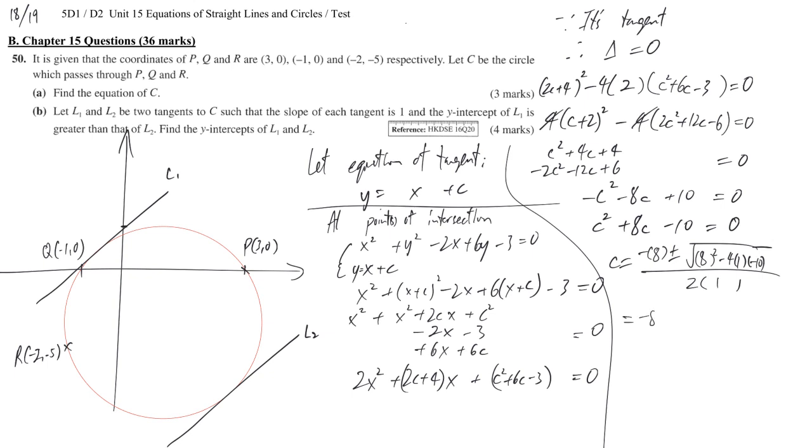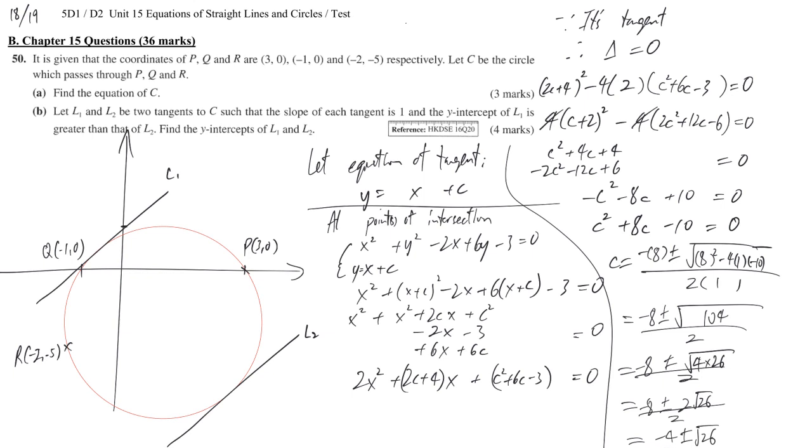So we have negative 8, plus or minus square root 104, over 2. And we simplify that. Square root 104 means square root of 4 times 26. So square root 4 can be separated and simplified to 2. Square root 26 is still square root 26. Therefore, if we divide both terms by 2, we have negative 4 plus or minus square root 26.